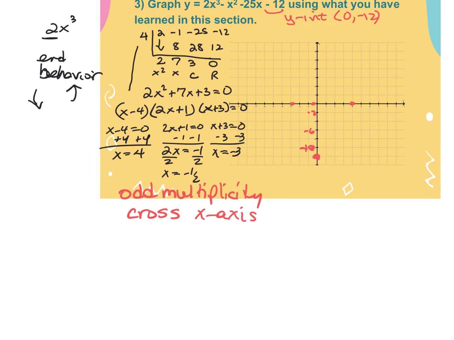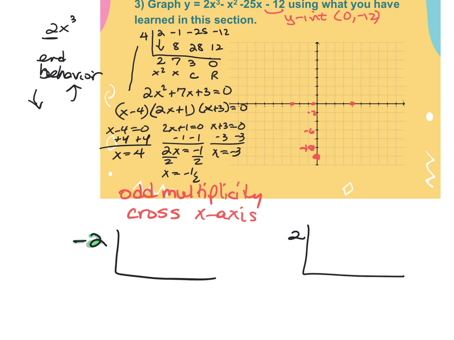For the ordered pair in between negative half and negative 3, I'm going to do synthetic division with negative 2. And for the other side, I can do synthetic division with positive 2. Again, any number in between would be fine. You could have plugged in 1, 3, any number in between 0 and 4 would be fine.